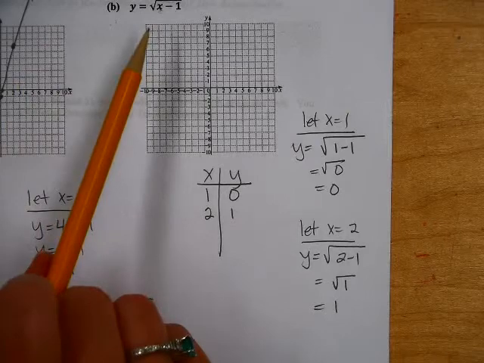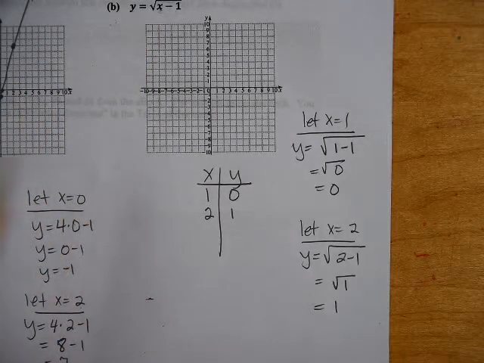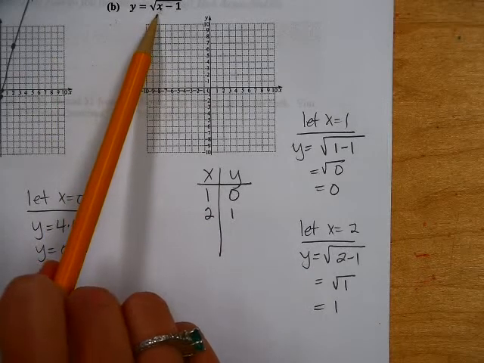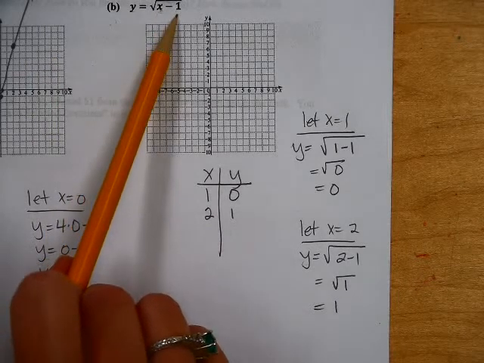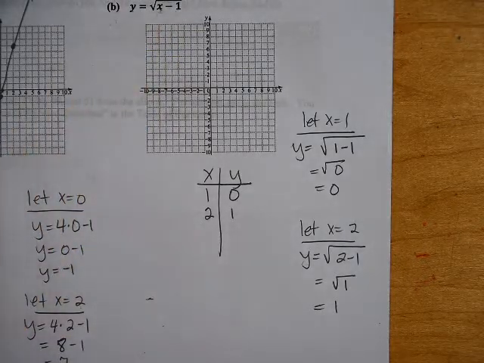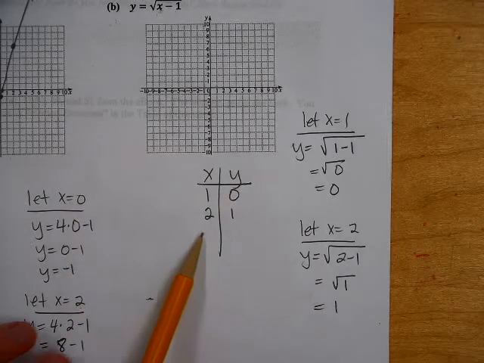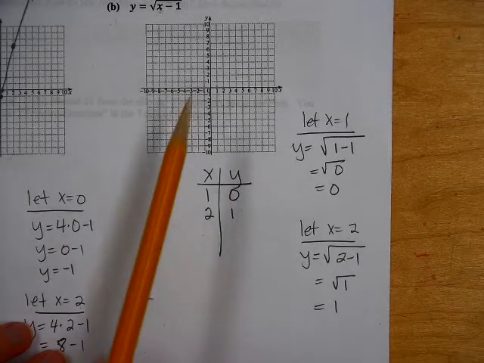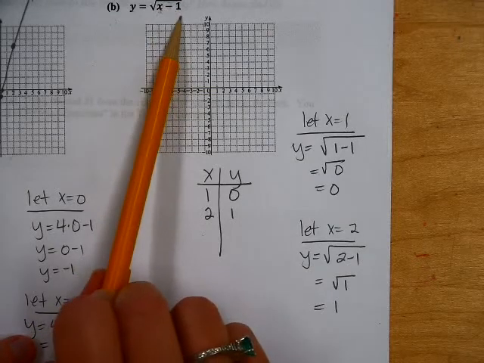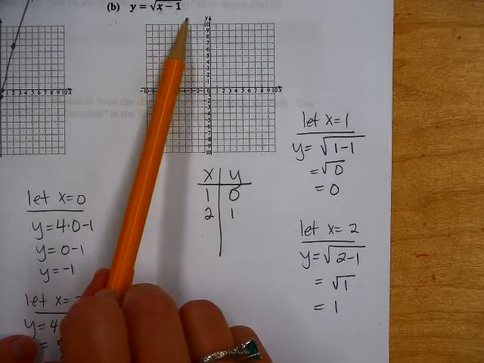Well, if I have a square root, I want to be choosy of what I let my x be. If I let x be 3, I get 3 minus 1, which is 2. The square root of 2 does not give me a nice whole number. So what is the next x that would give me a good number so that when I take the square root, I get a whole number?